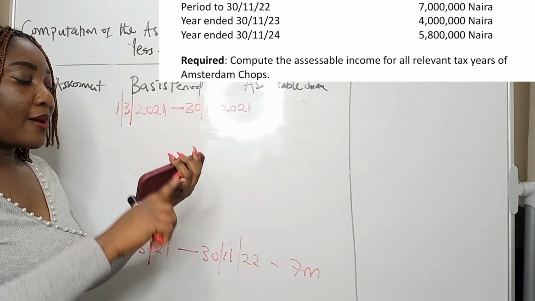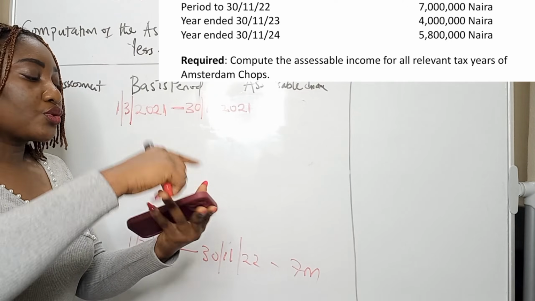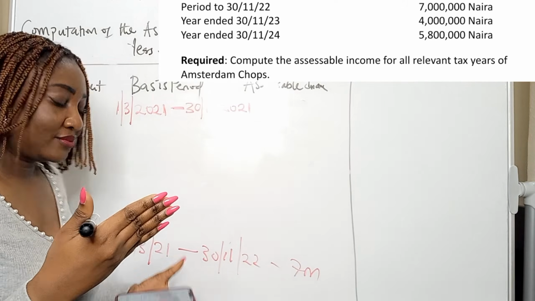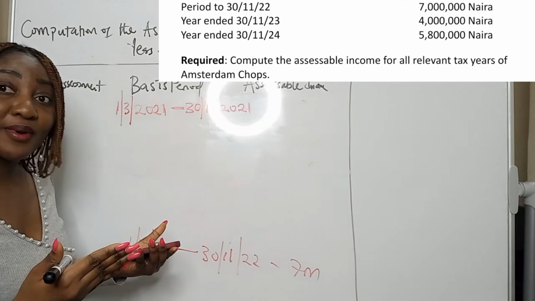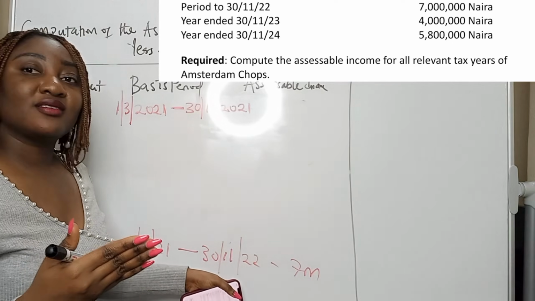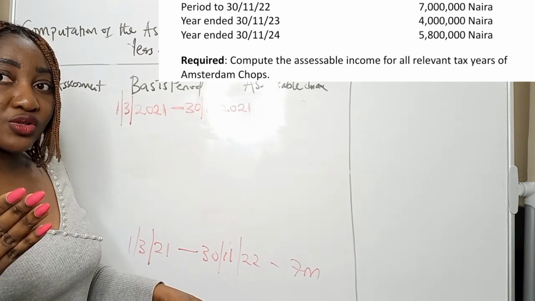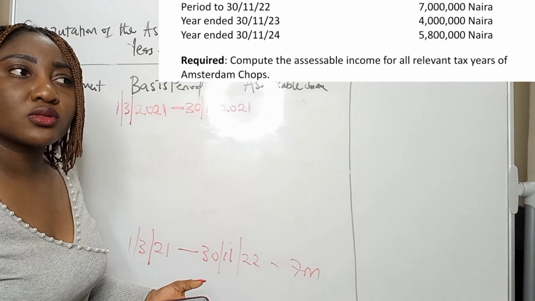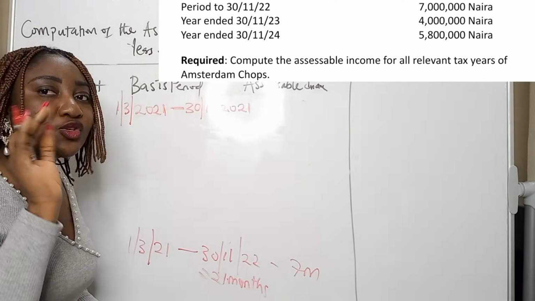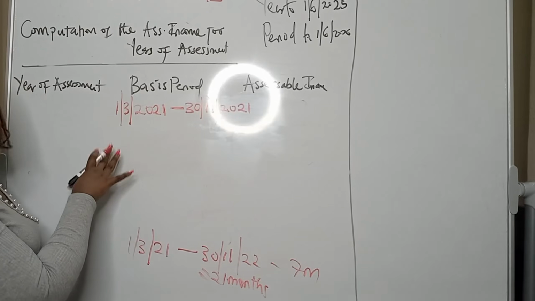Let's count with our hands. March, April, May, June, July, August, September, October, November, December. We have counted 10 months to December of 2021. Then plus another 11 to November of 2022, right? So that's 21 months. Yes, that's 21 months. So just keep that somewhere in your mind while we still do the basis period.